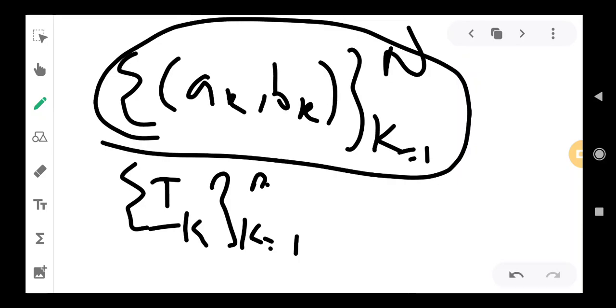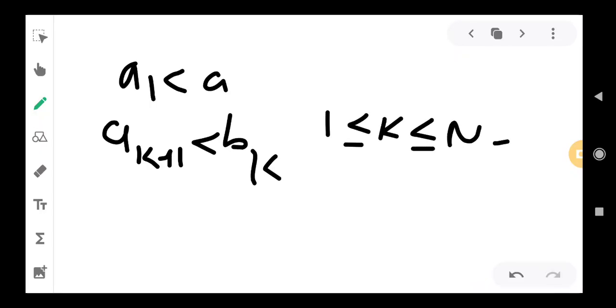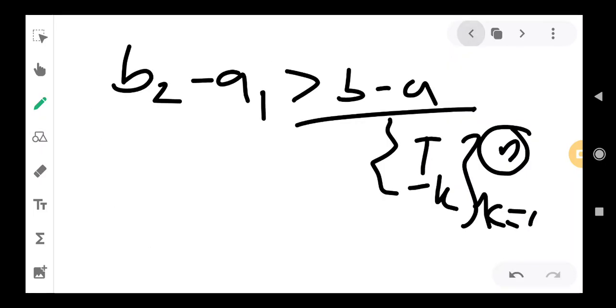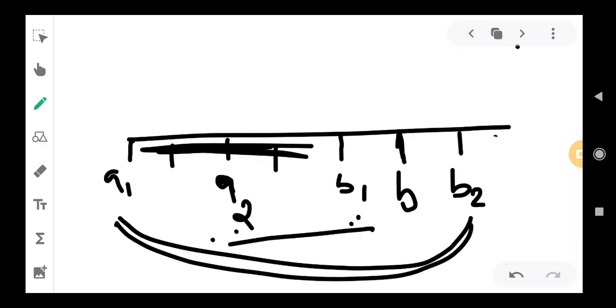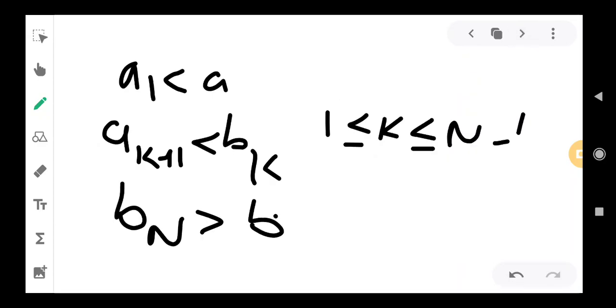We have A1 less than A, and A(k+1) less than Bk for 1 less than or equal to k less than or equal to N minus 1, and BN greater than B. It will be clear from the figures. When we consider this figure, all these are saying; we are generalizing through this.